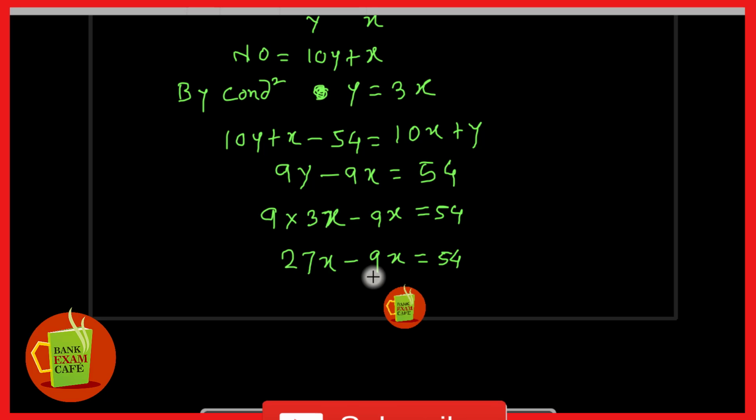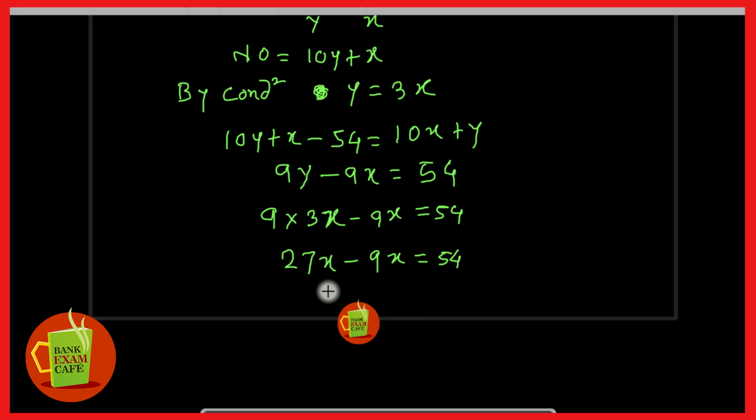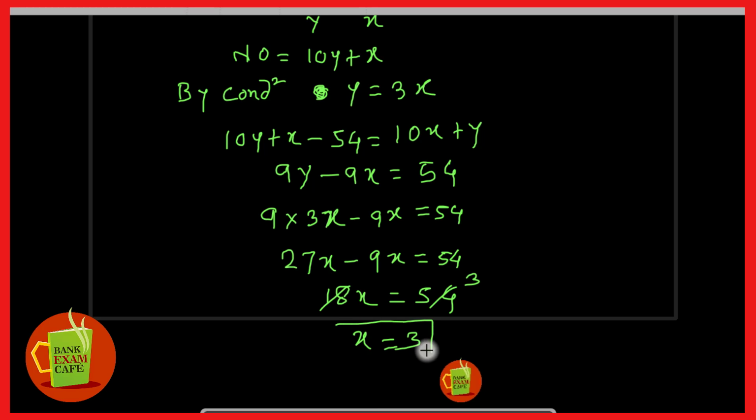So here 27x minus 9x, that will be 18x, which is equal to 54. So 18 ones are 18, 18 3s are 54, so x is equal to 3. We have got the unit place digit, that is 3.